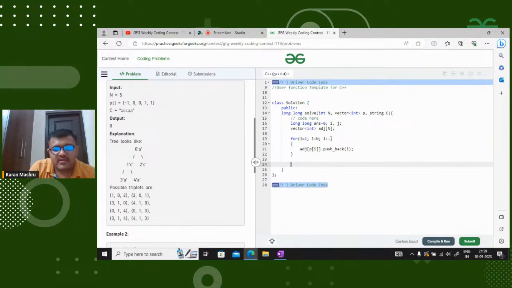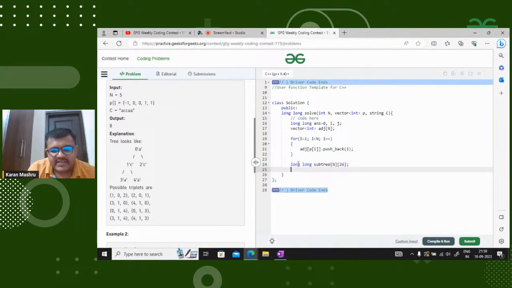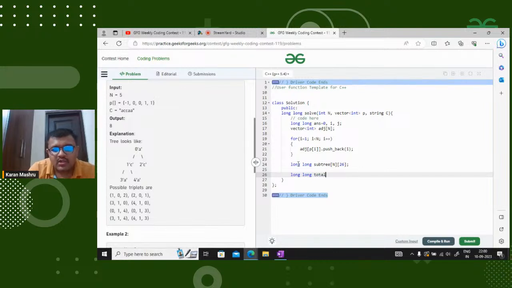Other than that, I need to have a count of the characters A to Z in the subtree for all the nodes, right? So let me take long subtree count for all the n nodes and for all the 26 characters. So subtree of i, j will denote the count of character j in the subtree of node i. Okay, and what else do I need? I need the total counts of each character. So let me take a total of 26, right?